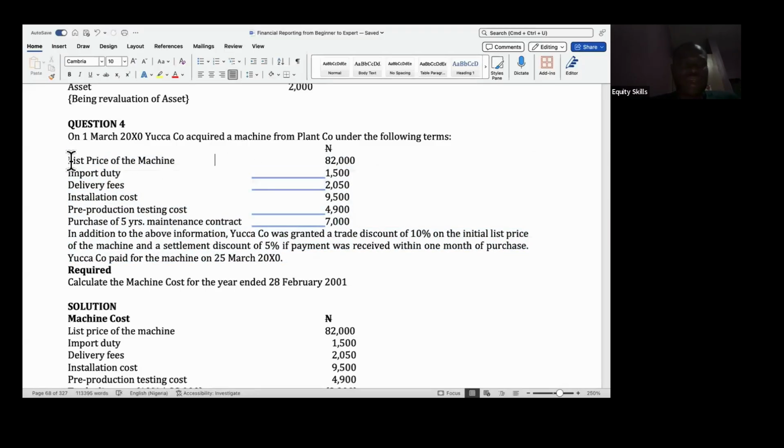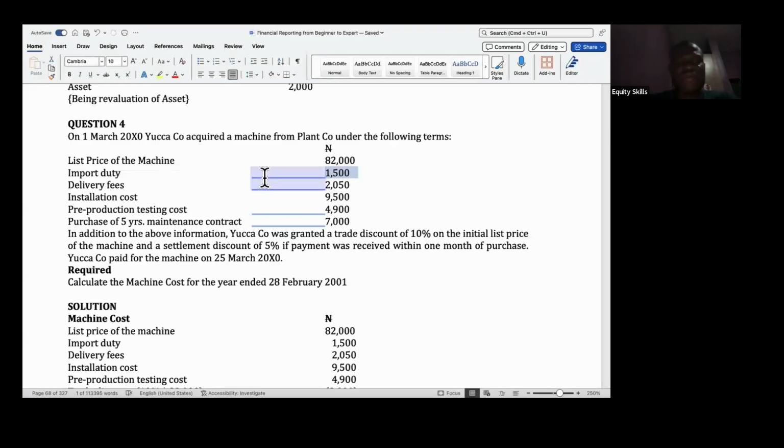So the first item here is the listed price of the machine, which is 82,000. This is the purchase price of the machine. That's the list price, how much we bought it. Of course, we'll capitalize this. Then the next one is import duty. Of course, we'll capitalize import duty as well.